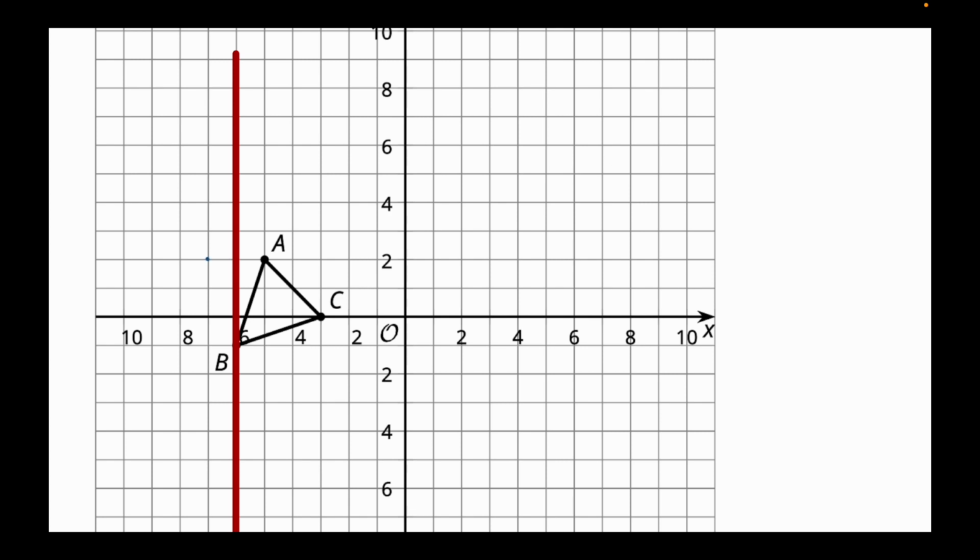So reflecting across, that means A prime is going to land here. C prime will land here. And B prime is going to be in the same spot because it will not move since it's on the line of reflection. So that's my first triangle.